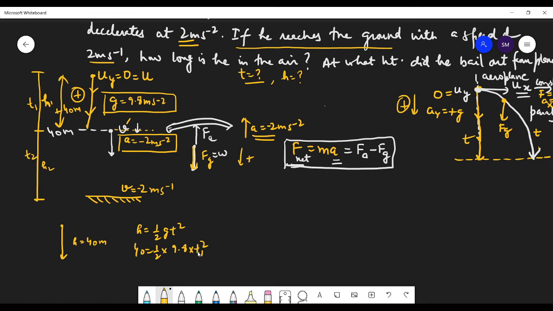This is T1, right? What does your T1 come out to be? T1 equals the root of 80 upon 9.8, and if you solve it, students, it comes out to be 2.86 seconds. So this T1 I know, H1 I know. Now my target is to find T2 and H2, right?